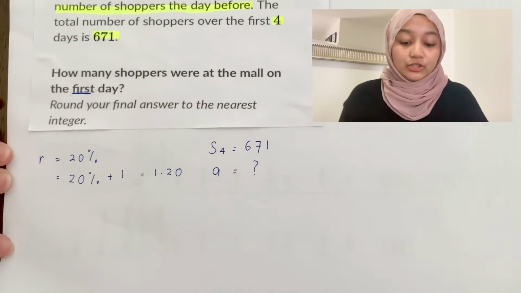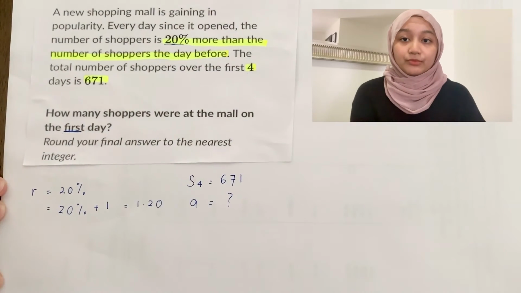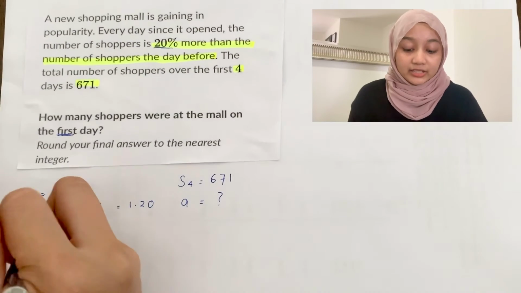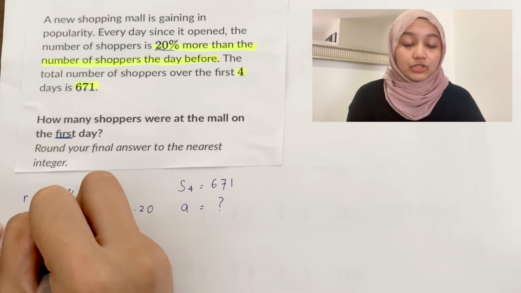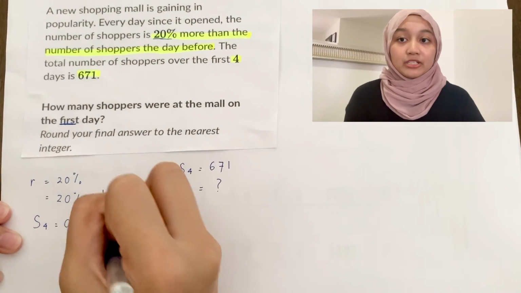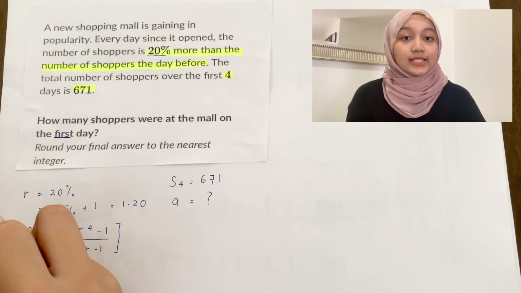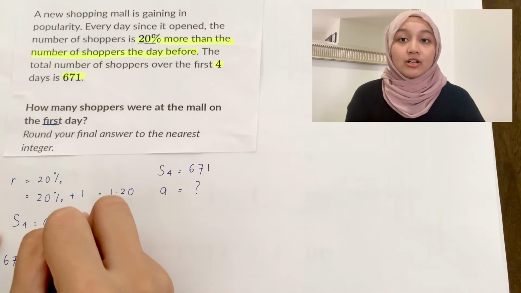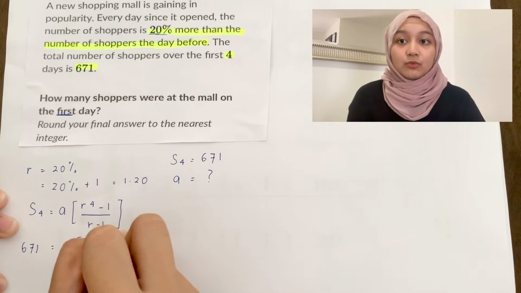Okay, now we can use the formula to find the sum of the first n terms, which is Sn. The sum of the first 4 terms equals a, which we need to find, times r to the power of n minus 1, divided by r minus 1. And then the sum of the first 4 terms, 671, equals a times 1.20 to the power of 4 minus 1, divided by 1.20 minus 1.